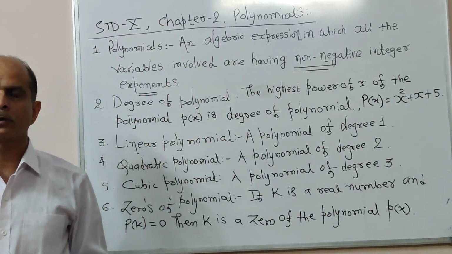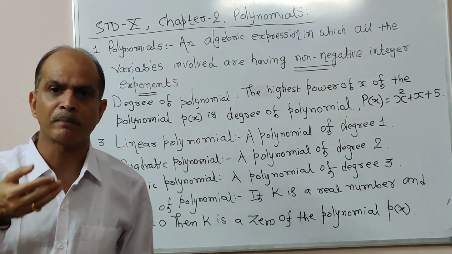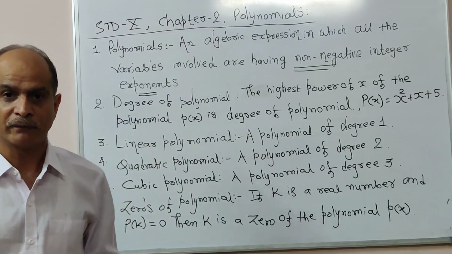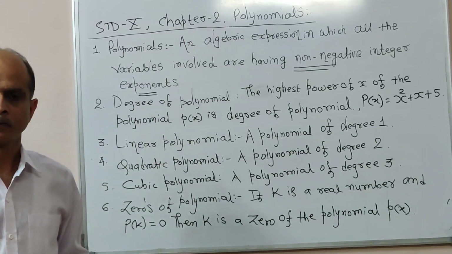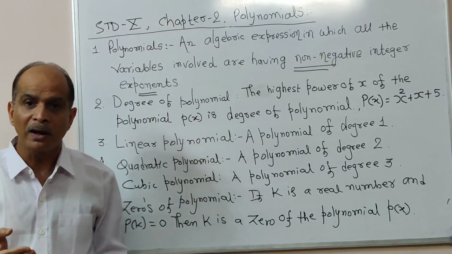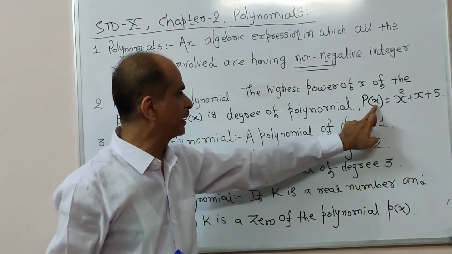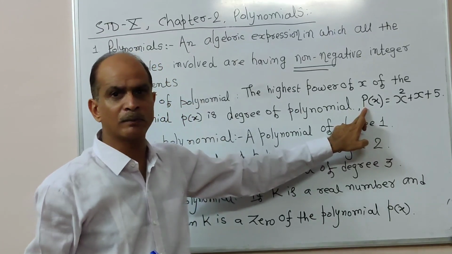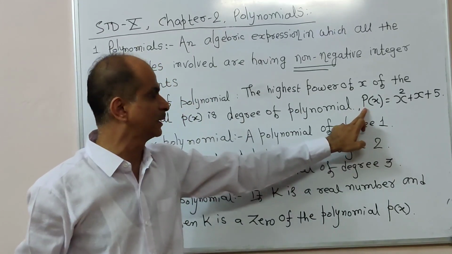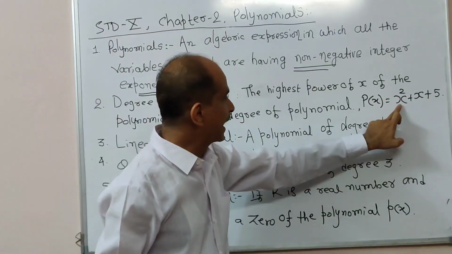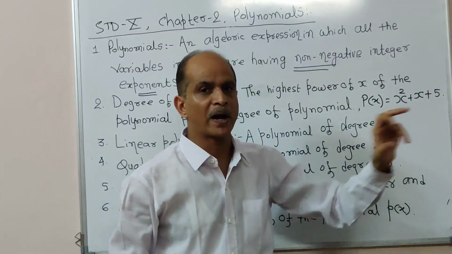You know the polynomial is denoted by p(x) if x is the variable. You can also write p(y) if y is the variable. Here x is the variable, and that's why the name of the polynomial is p(x). The polynomial is x square plus x plus 5.